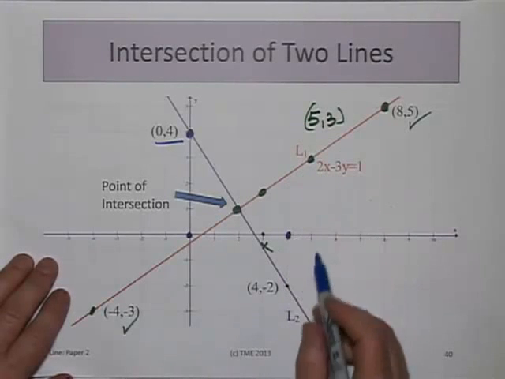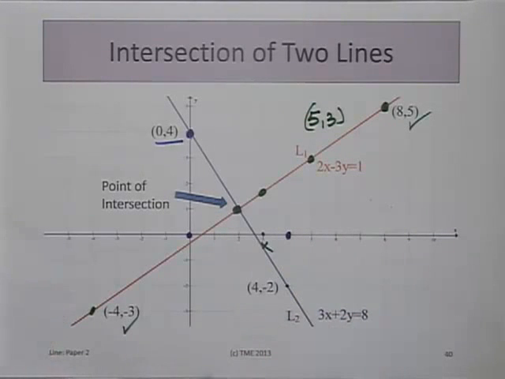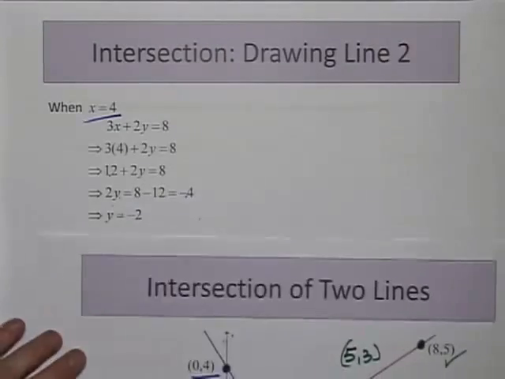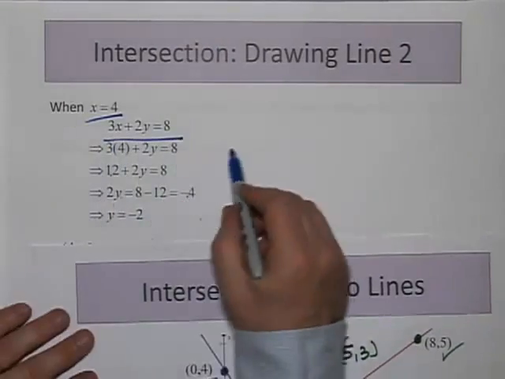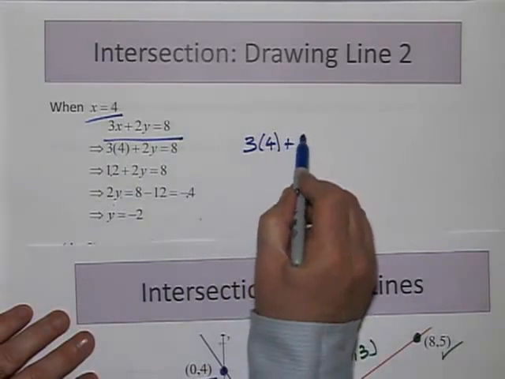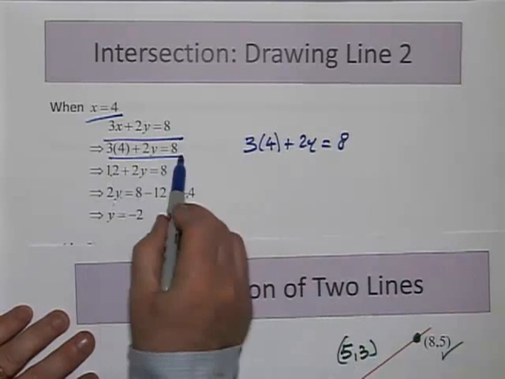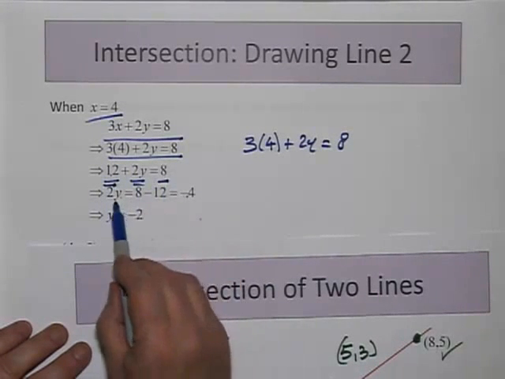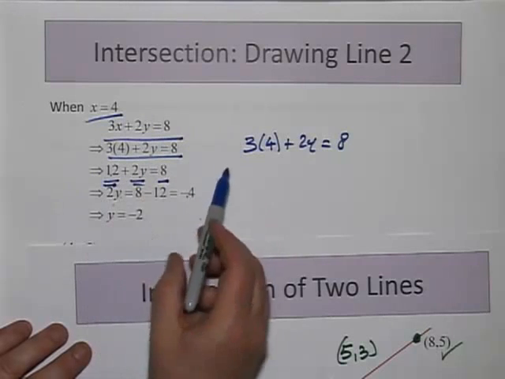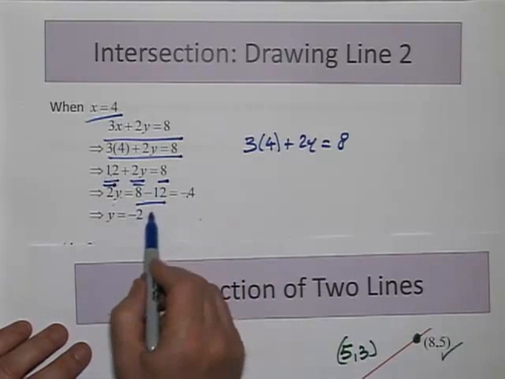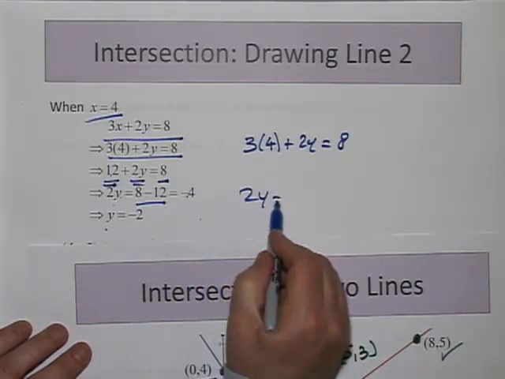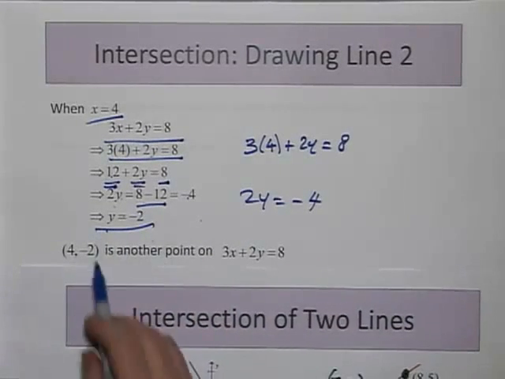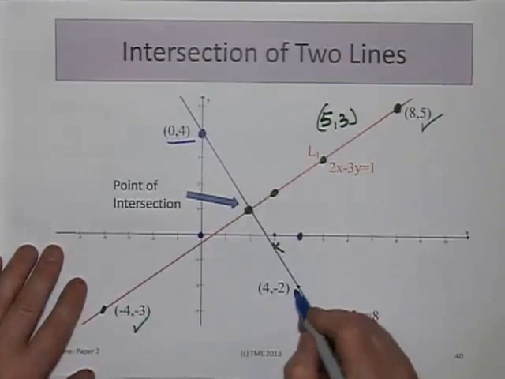Well, when x is 4, I plug in the numbers, and the line says 3x plus 2y is 8. 3 times 4 plus 2y is 8. 3 times 4 is 12. 12 plus 2y is 8. I leave the 2y here, I take the 12 over. 8 becomes minus. 2y is minus 4. I don't like 2. I divide to get rid of it. Y is minus 2. I get the point 4, minus 2. 4, minus 2 is here.